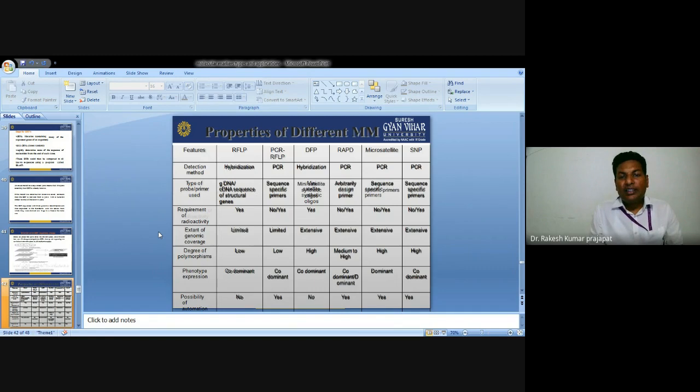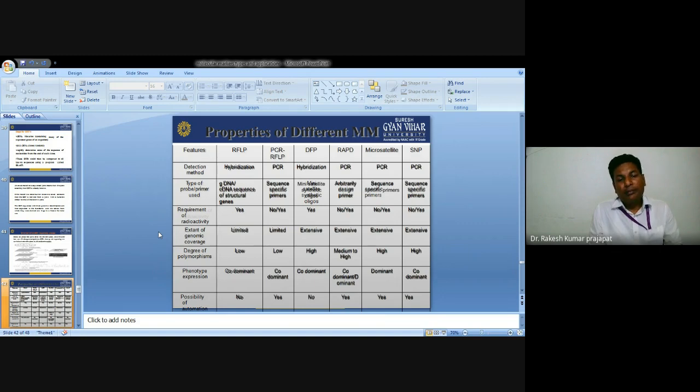So here is an overall summary of these molecular markers with their comparisons: RFLP, PCR-RFLP, RAPD. The detection method for RFLP is hybridization; PCR is generally used for the others, RAPD uses PCR, and microsatellite uses direct PCR.